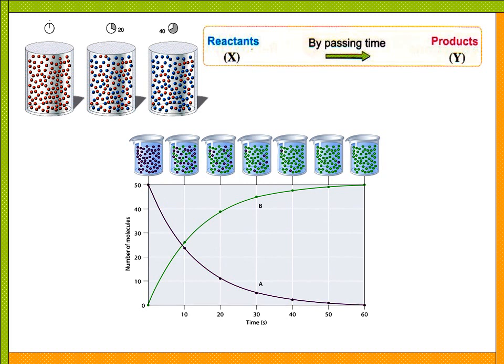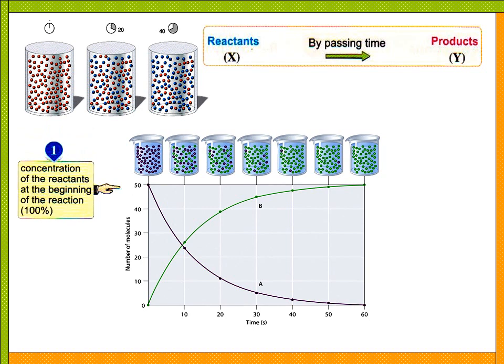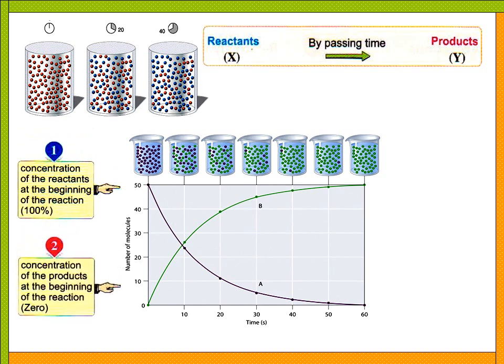If we make a graph to illustrate this, we have the purple line that indicates the number of molecules of reactant, which decreases with time until it stops, and the green line showing the increasing amount of product with time. So the concentration of reactant at the beginning of the reaction will be 100%, and the concentration of product at the beginning of the reaction will be 0.